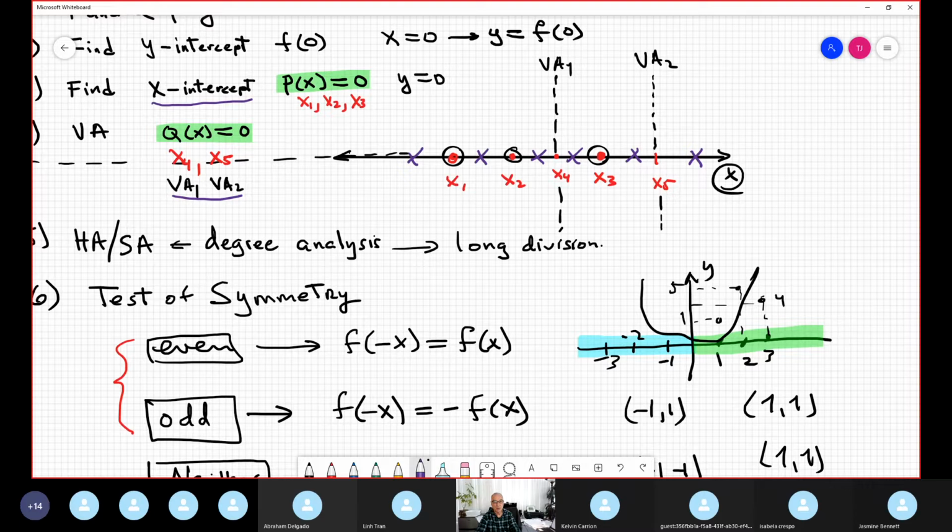Total 1, 2, 3, 4, 5, and 6. If you plot more than 6, it's okay.